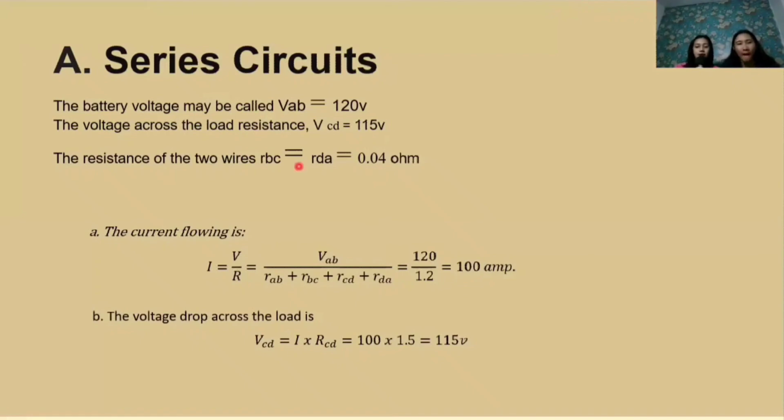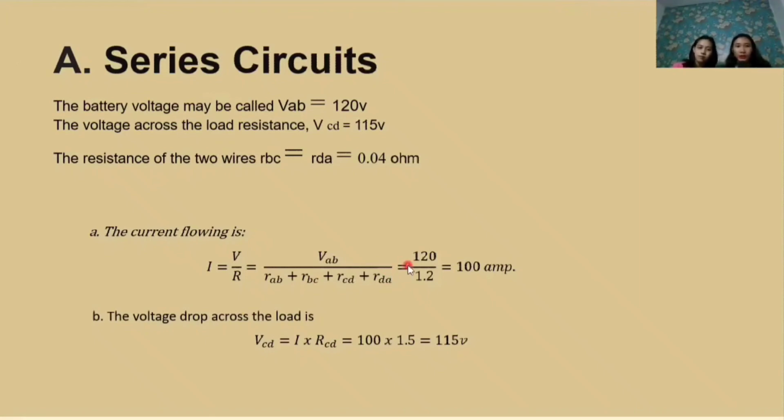We will determine A, the current flowing in the circuit, and B, the voltage across the load, VCD. To get the current, you divide the voltage over the resistance: I equals VAB over RAB plus RBC plus RCD plus RDA.